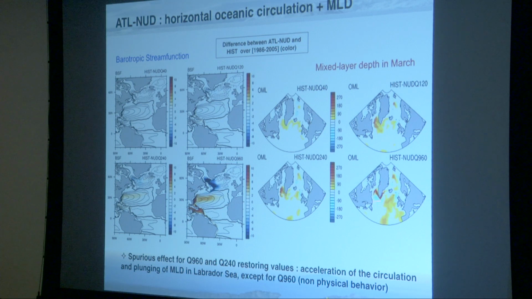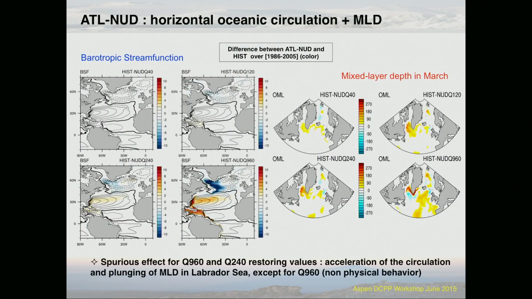What is happening here is that, because the circulation is increased, a lot of salty water is advected here and makes the mixed layer depth very strong. And the fresh water that was stored in this area in the Labrador Sea is confined in the center of the Labrador Sea and cuts the convection, which is completely unrealistic.